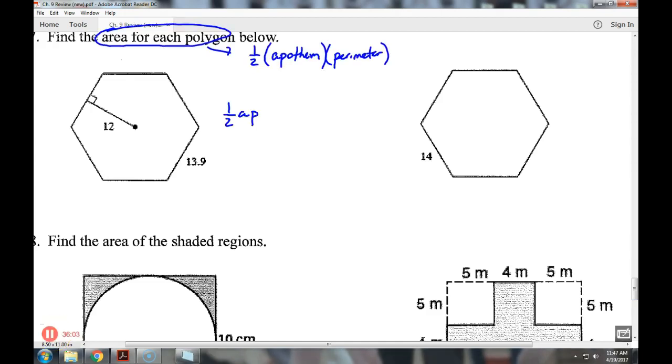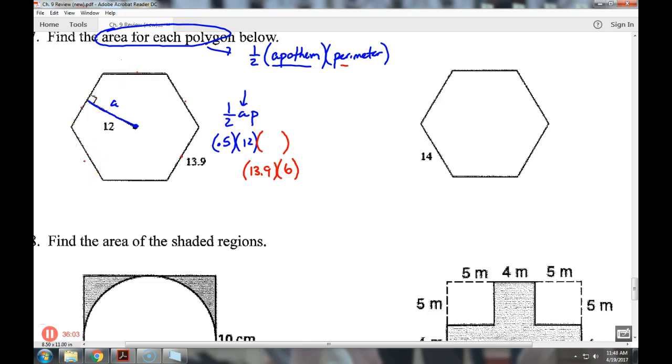Alright, I had to get after these knuckleheads. So, 0.5. Now, the apothem, A, is the distance from the center to the edge. That's what we're calling A. So there's my 12. And the perimeter is all the way around. So for this shape, my perimeter is going to be 13.9 multiplied by 6 sides, because we had 6 sides here.